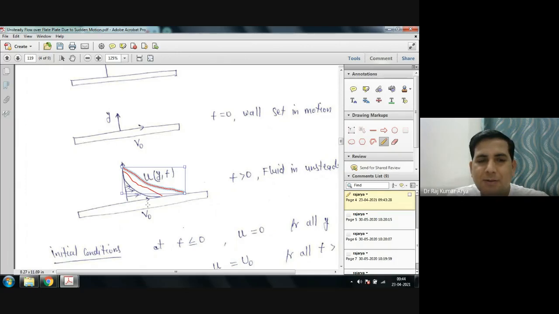Flow over a flat plate would always become just like a parabola only. A linear profile never comes. Actually, you already got the expression when you solved it previously.